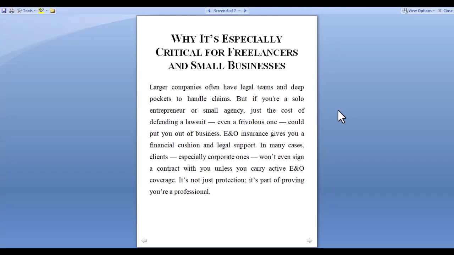So E&O insurance gives you a financial cushion and legal support. In many cases, clients, especially corporate ones, won't even sign a contract with you unless you carry active E&O coverage. It's not just protection, it's part of proving you are a professional. So now let's go to the last page.